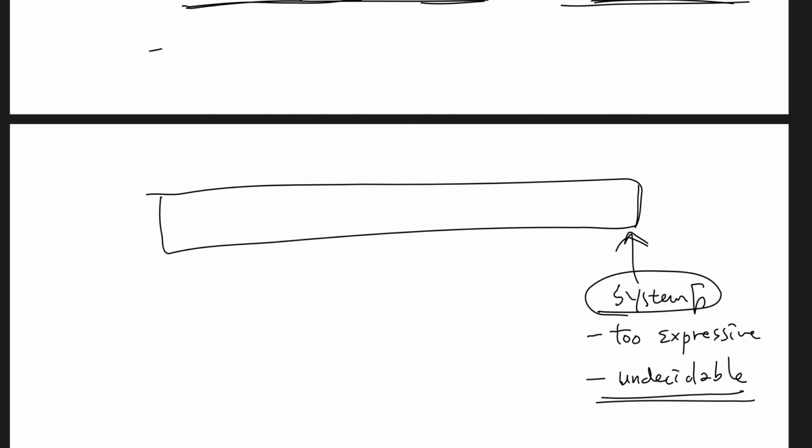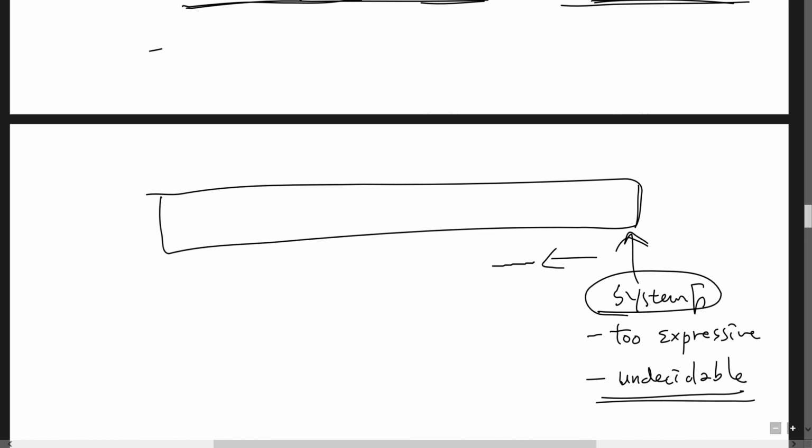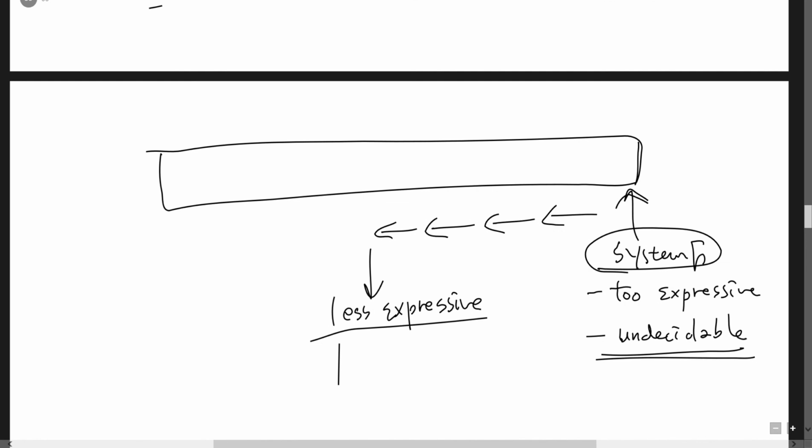So the plan now is to reduce its expressive power until we find a language that is less expressive. Maybe it's a sub-language of System F with some restriction on the way that we use the types. It's less expressive, yet the type reconstruction is decidable.